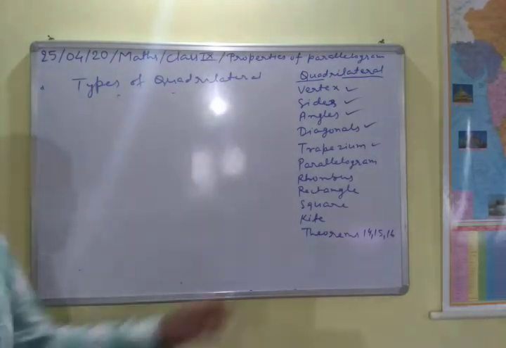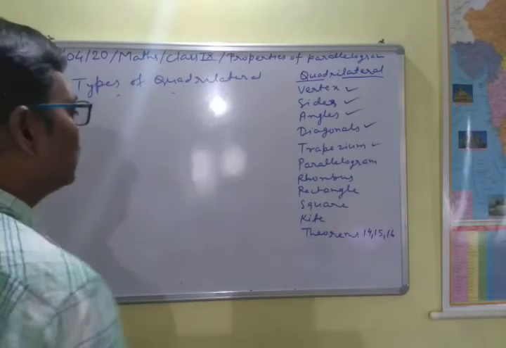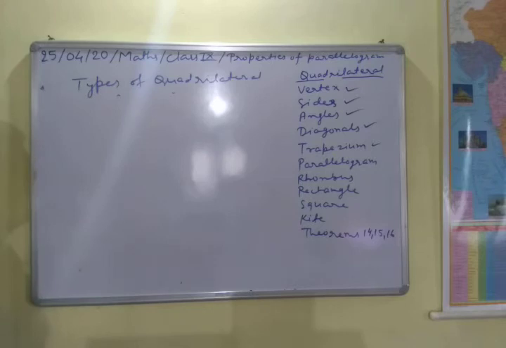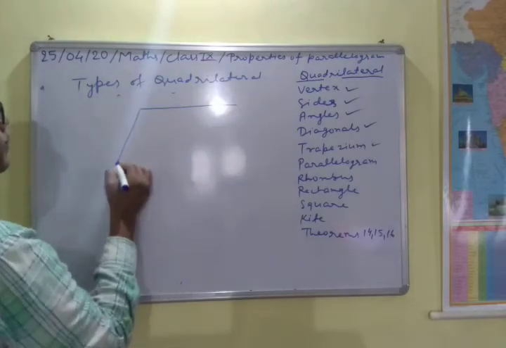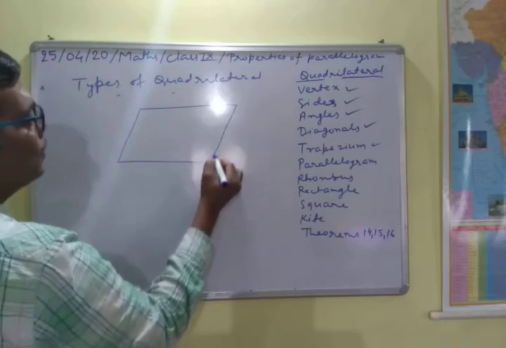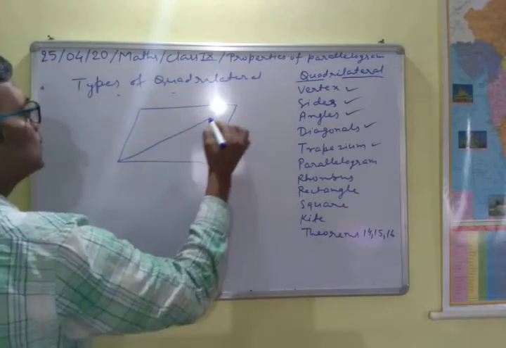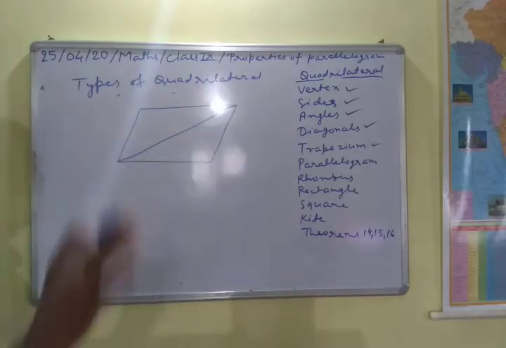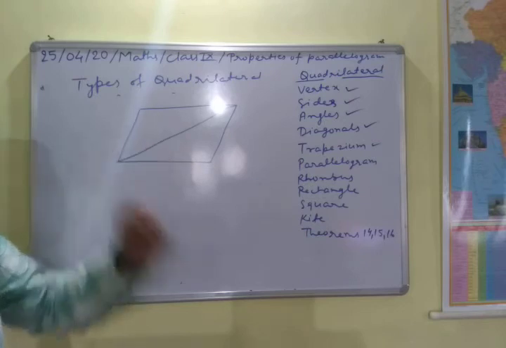Next we will discuss theorem 14. So what is theorem 14 here? This theorem 14 says that when you have a parallelogram, then in a parallelogram the diagonal, suppose this diagonal, divides the parallelogram into two triangles, and these two triangles are congruent.